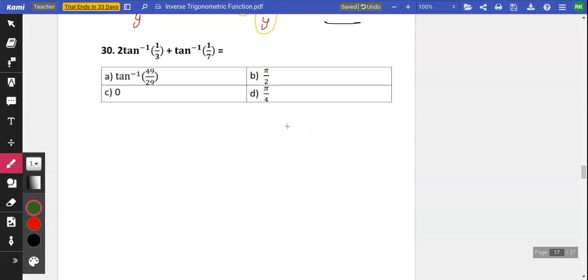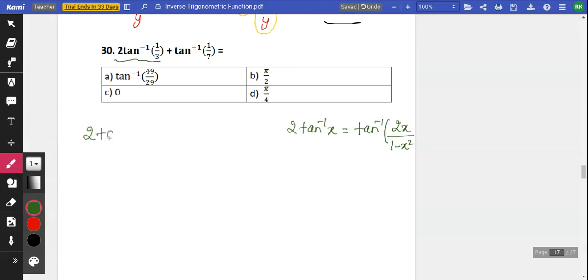In this question there is a formula: 2 tan inverse x, the value of this is tan inverse 2x upon 1 minus x square. Now we try to use the formula.